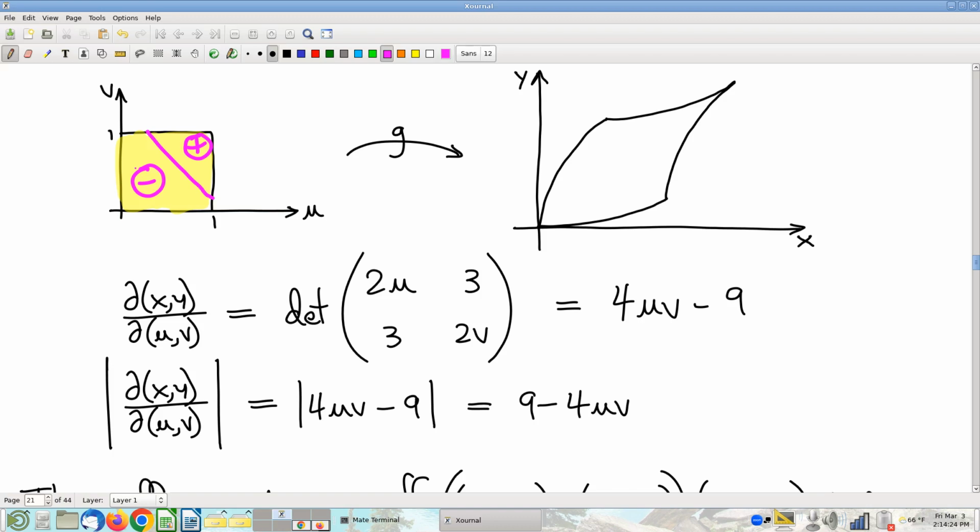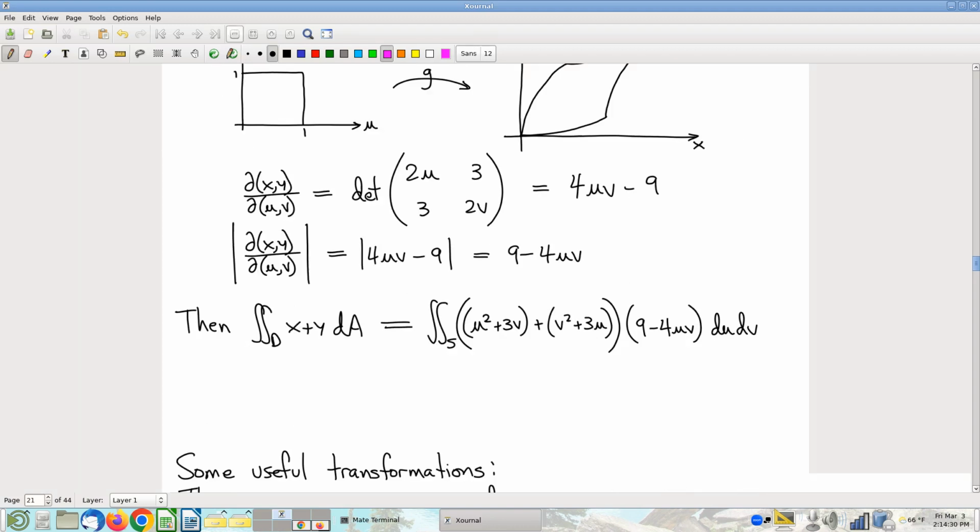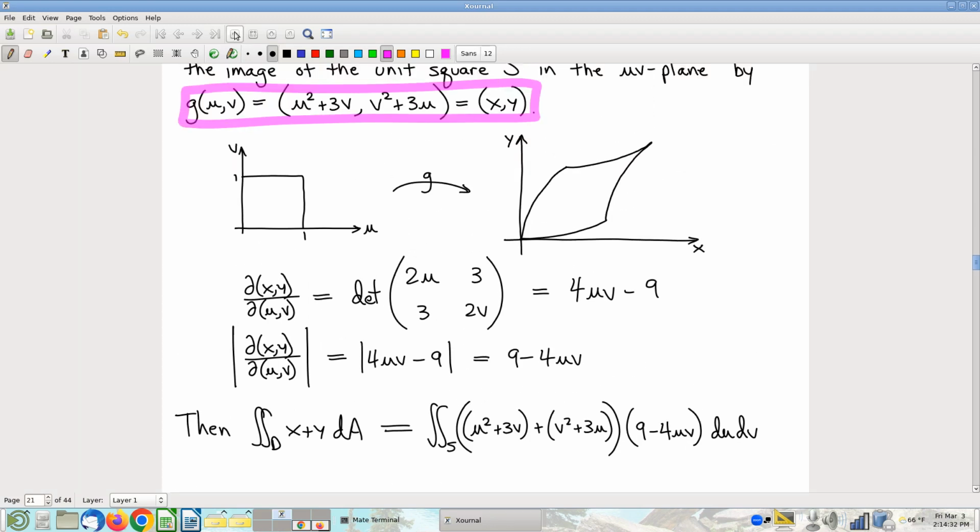All right. Okay, so it's kind of all over at this point. We've got our stretching factor. Now it's just a matter of plugging in. First, we need to do the plugging in. For example, this x right here from our original integral. What is x?